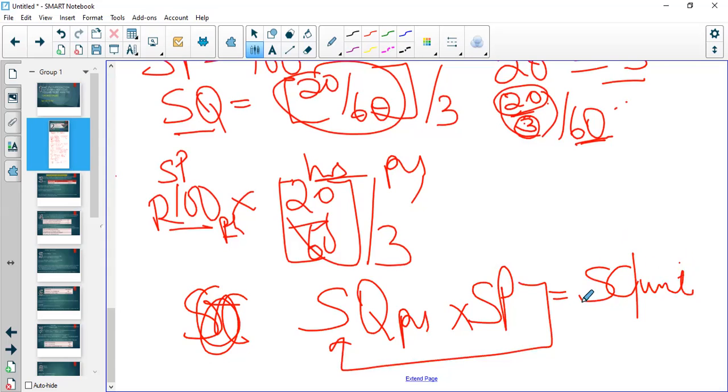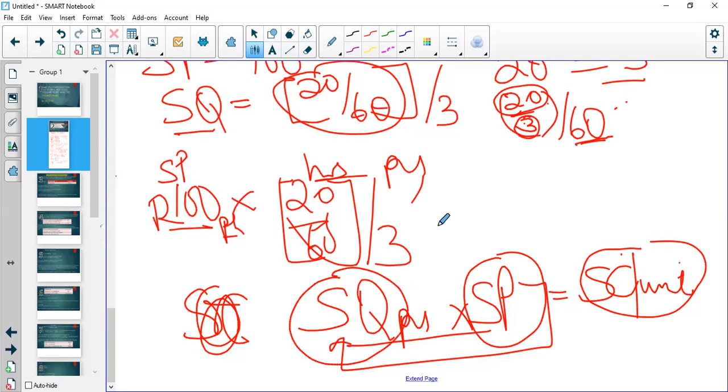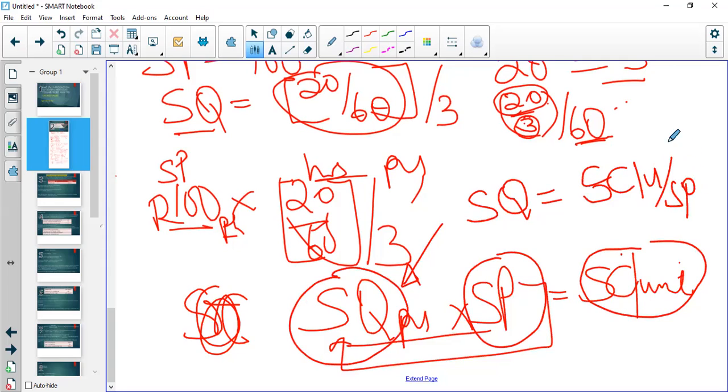Which means if you have any two of these, you can get the other. Sometimes you have the standard cost per unit and the standard price, so you can determine the standard quantity by simply saying the standard quantity is equal to the standard cost per unit over the standard price. That's what you're going to do.